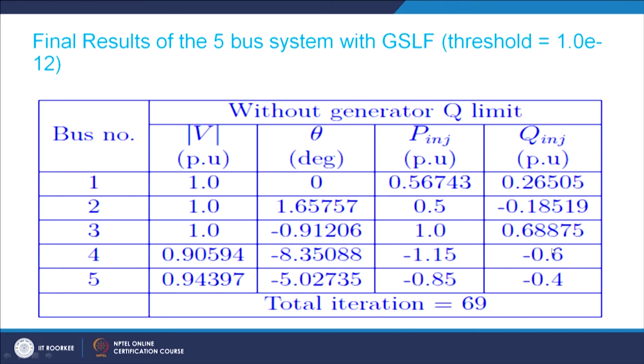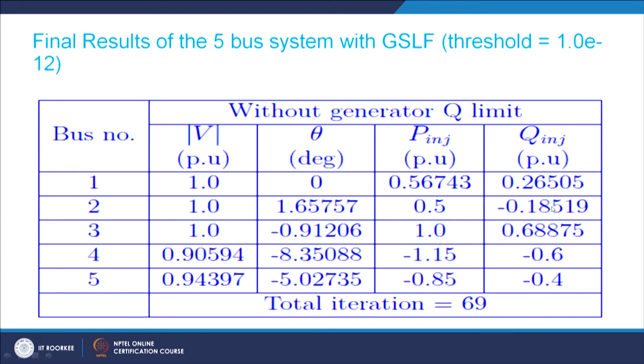And for load buses, please recollect that this load was 60 MVAR and 40 MVAR respectively at bus 4 and bus 5. So in our parlance, this injected reactive power would be minus 0.6 and minus 0.4. And for bus 2 and bus 3, after this load flow is converged, we have calculated the reactive power injection.